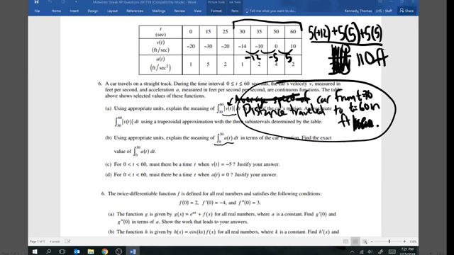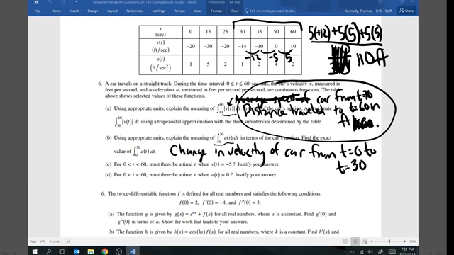The integral of acceleration tells us the change in velocity of the car, from t equals 0 to t equals 30. And velocity is measured in feet per second. I actually get this one to be velocity because it's the integral of acceleration.